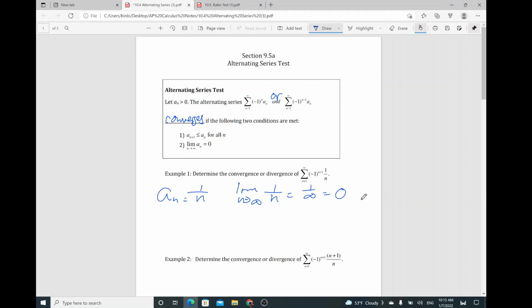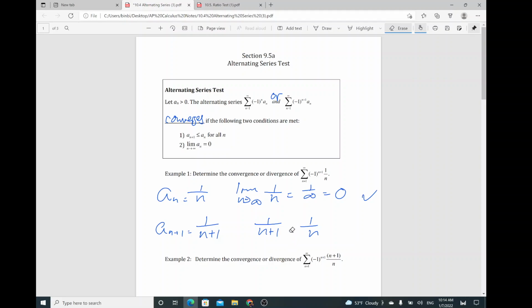Another thing that we want to verify here is a sub n plus 1. What we found here is 1 over n plus 1. Compare and contrast: 1 over n plus 1 is less than or equal to 1 over n. Well, I'll just say that it's less than.